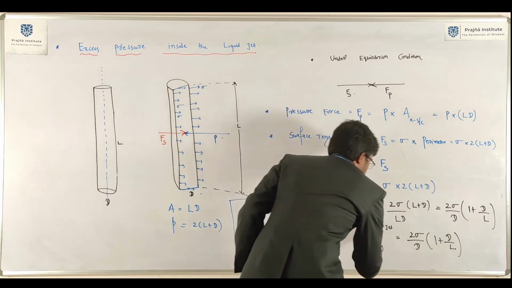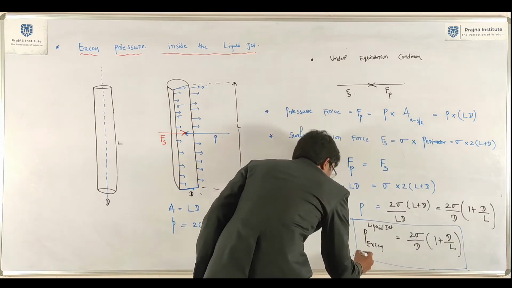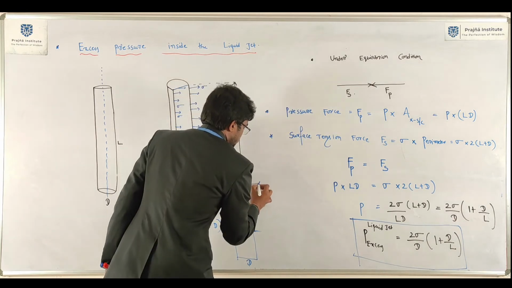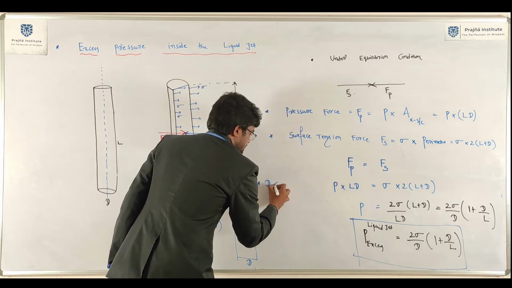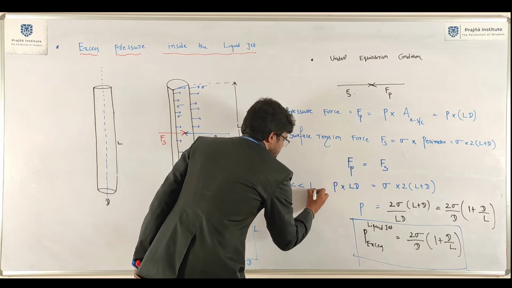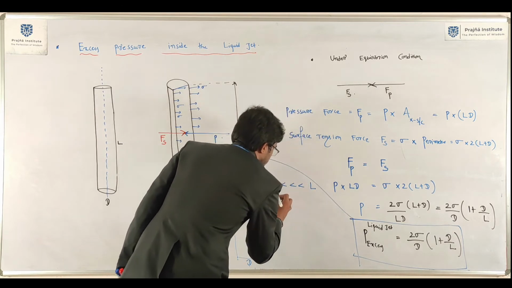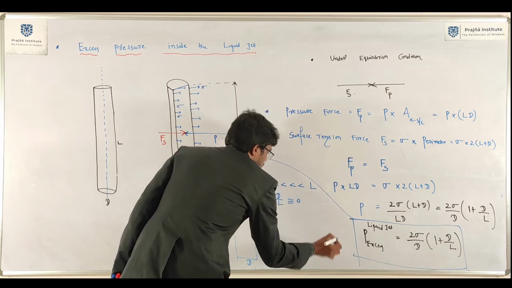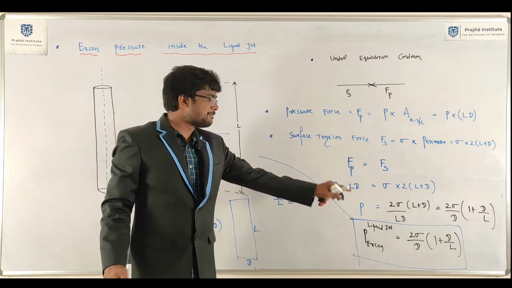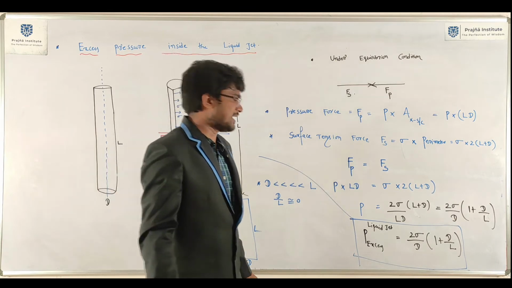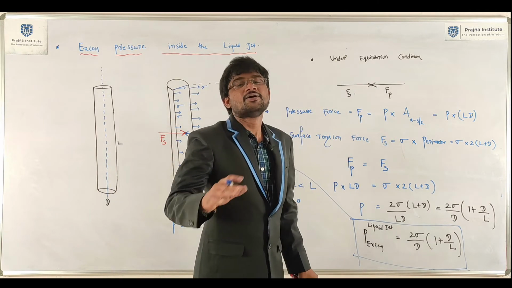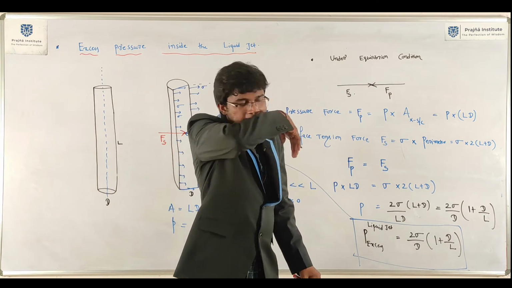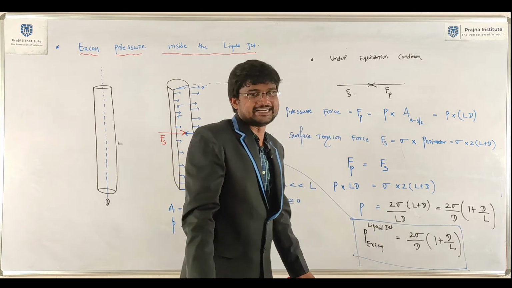This is the actual expression, but here D is far less than the L. D by L is approximately equal to 0. D by L can be neglected. Why? Because length of the jet is far higher than the diameter of the jet.